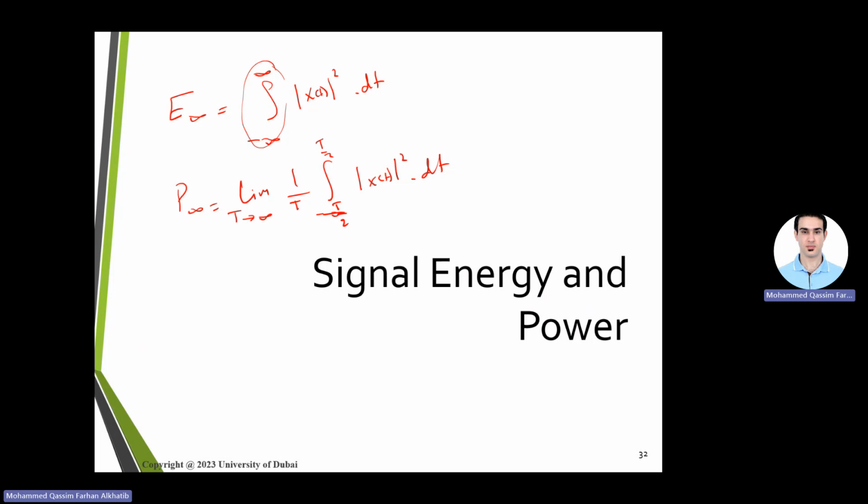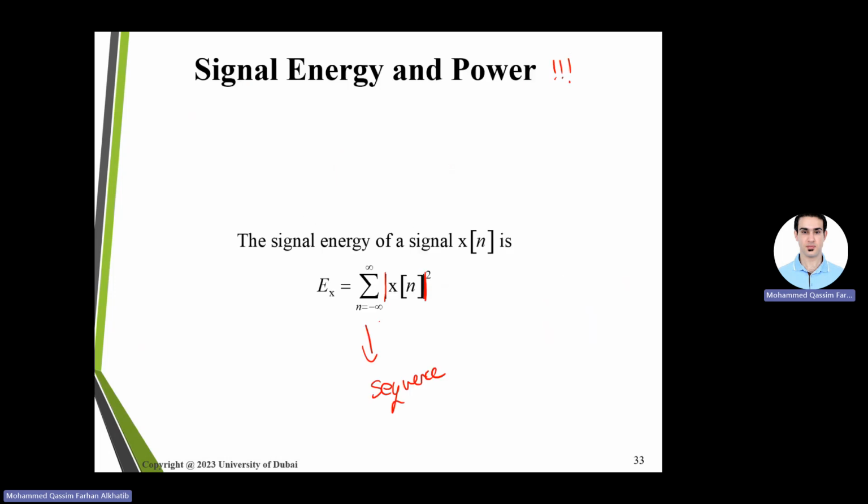Have you done Riemann summation? It is summation. So in continuous domain it is integration, and in discrete domain we will have summation, from n negative infinity to infinity, x of n squared. We don't have dt. That's the energy. Power will be a similar thing, but instead of T, it's going to be N, I believe. Now let's check the formulas.